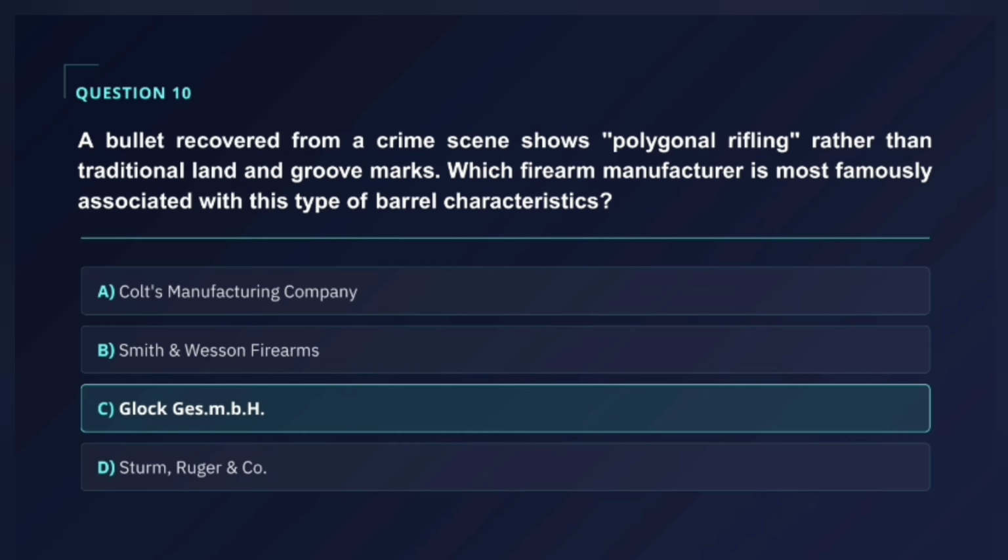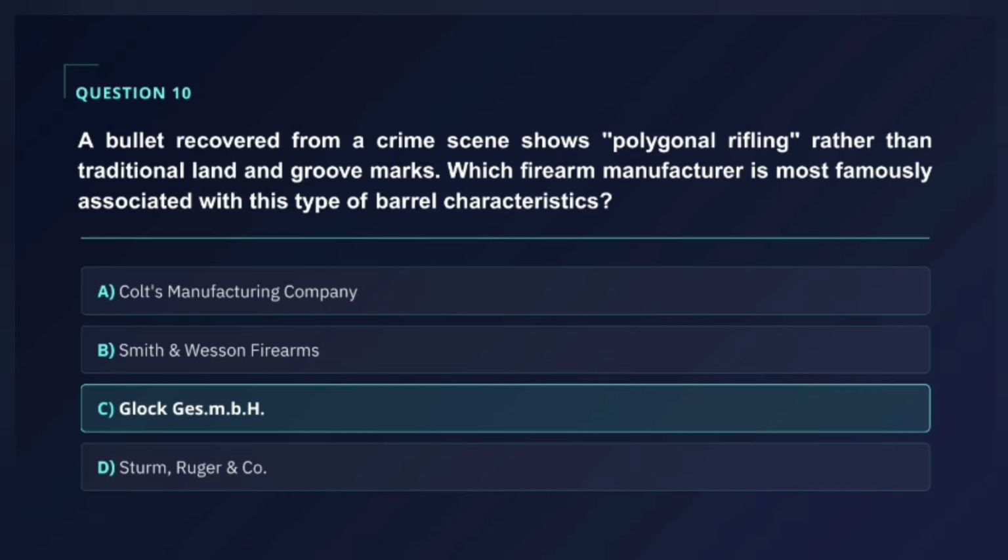The last question we have is, a fired bullet recovered from a mock scene exhibits smooth polygonal rifling profiles instead of standard sharp lands. Which brand is highly textbook for this design? The correct answer for this is C, Glock.